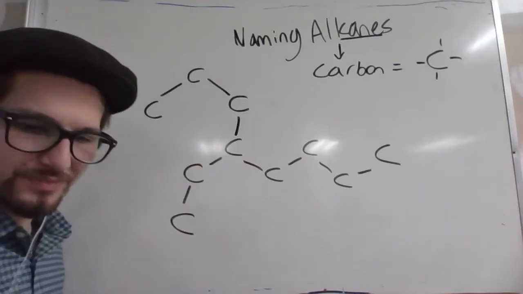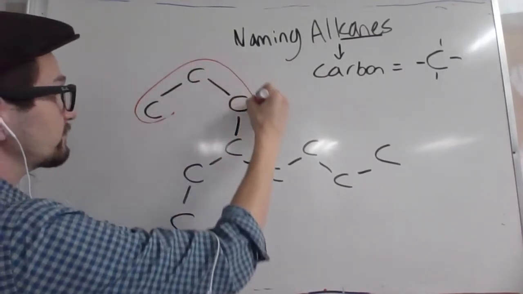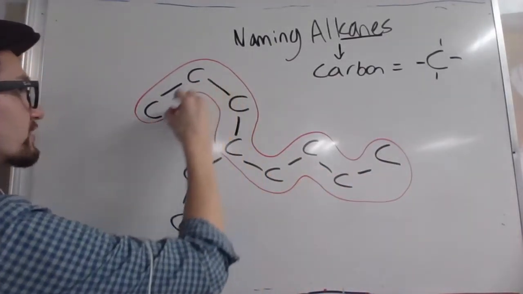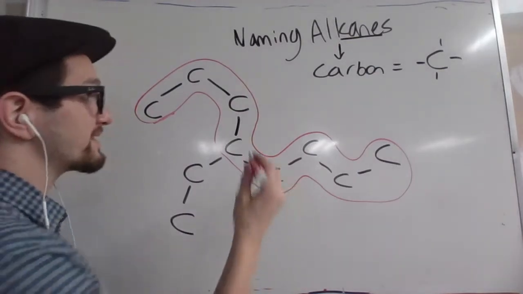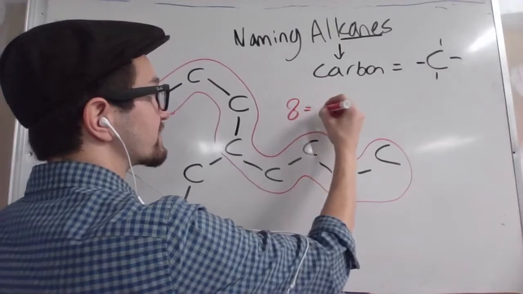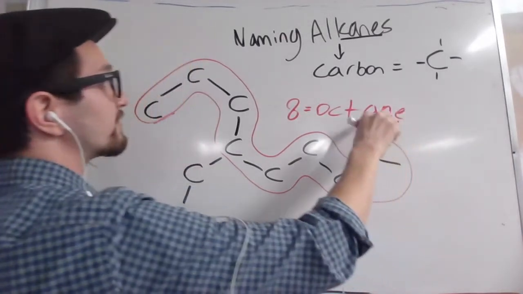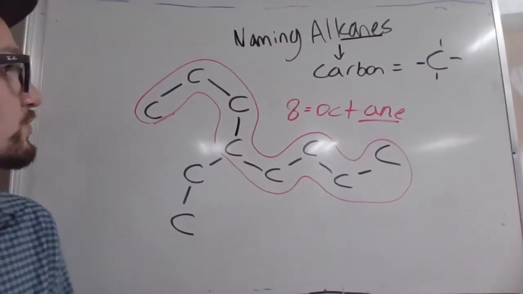Ooh, found it. Looks like 8 is my longest chain, and it's right here. So this would have the prefix for whatever 8 is, which in this case is oct. And it's ane because we have all single bonds and they're all carbons. Okay? So this would be octane.